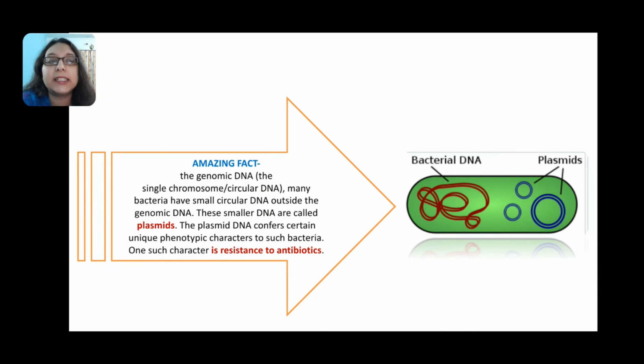Moving on to the next slide. I want you to know that, as we have discussed, the DNA, that is the genetic material, is present within the nucleus of the cell. But in case of bacteria, besides the bacterial DNA, there is another extra chromosomal DNA which is present scattered in the cytoplasm.